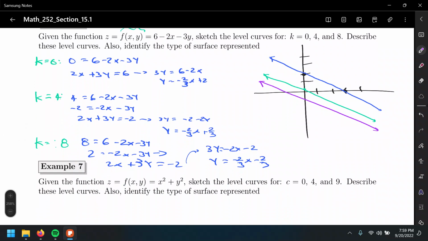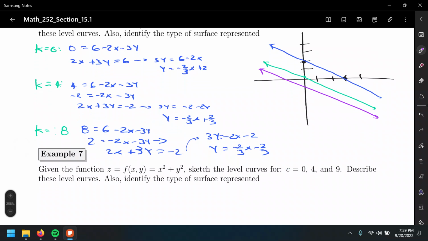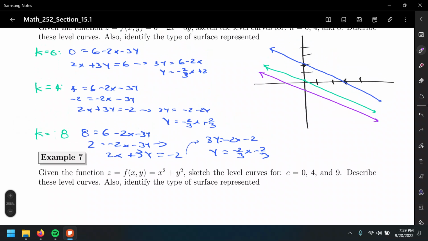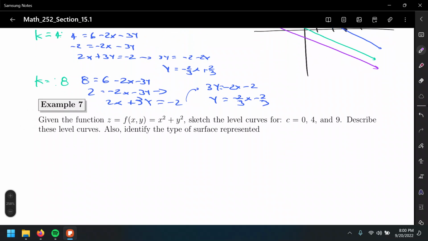So we have the function z equals f of x y equals x squared plus y squared, and sketch the level curves for c equals 0, c equals 4, and c equals 9. In this case I'm using a different letter. You can use k, you can use c, it doesn't matter. So let's see.